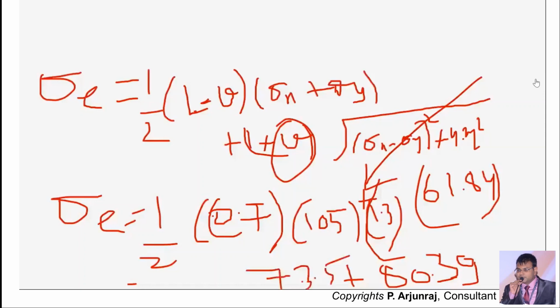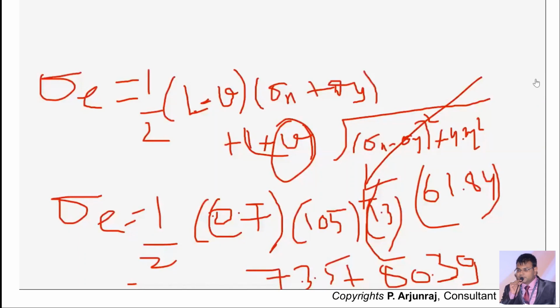So 73.5 plus 80.39, which is going to be 153, and divided by 2 will give you 76.945, which is the answer that you got, what I got, and what is there in the answer, all are going to be the same.